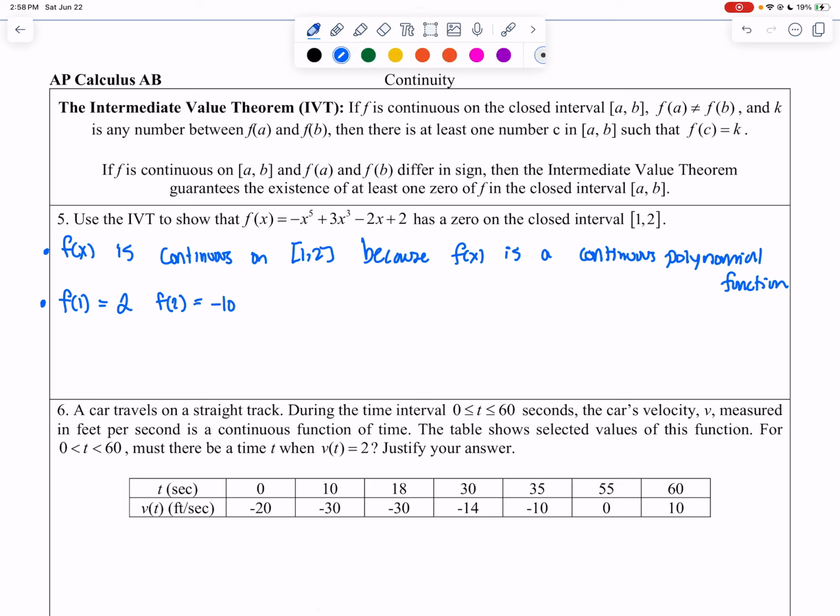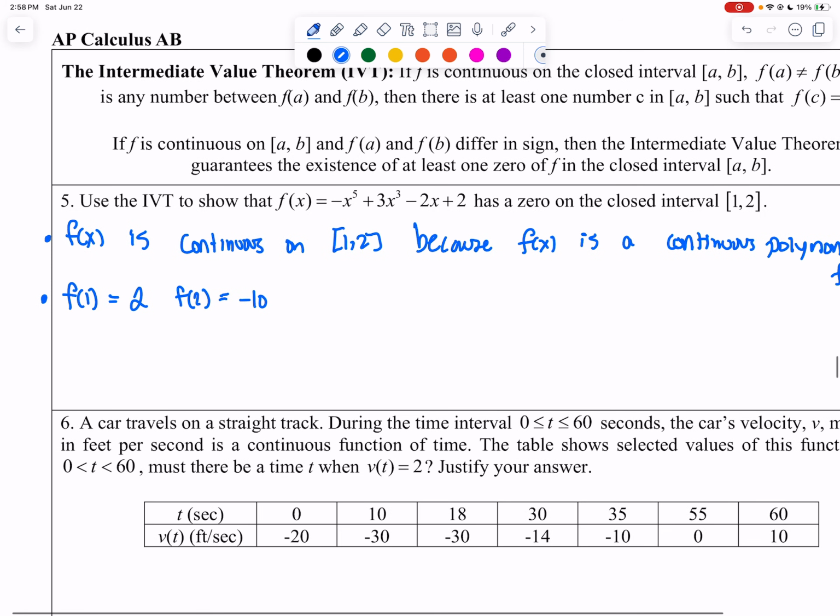Now I have 2 and -10. I just have to explain that 0 is between these two values. So I'm going to say that f of 2 is less than or equal to 0, which is less than or equal to f of 1, because I have -10 is less than or equal to 0, which is less than or equal to 2.